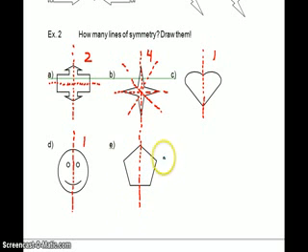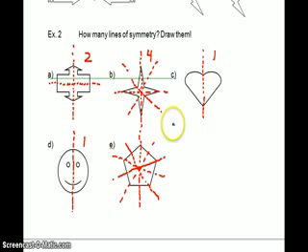If we put a line through this vertex, straight across, that's 2. A line through this vertex, 3. This one, 4, and through this one, 5. So in that pentagon we have 5 lines of symmetry.